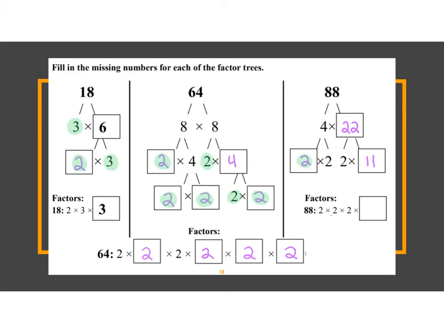I'm going to circle my prime numbers and write them down below in order from least to greatest. The 3 2's are already written down below, so I'm going to add 11. The prime factorization of 88 is 2 times 2 times 2 times 11.